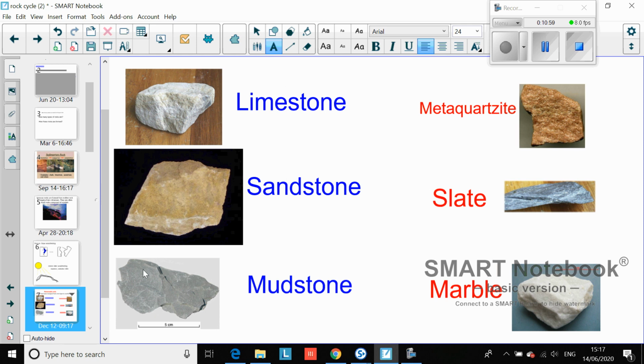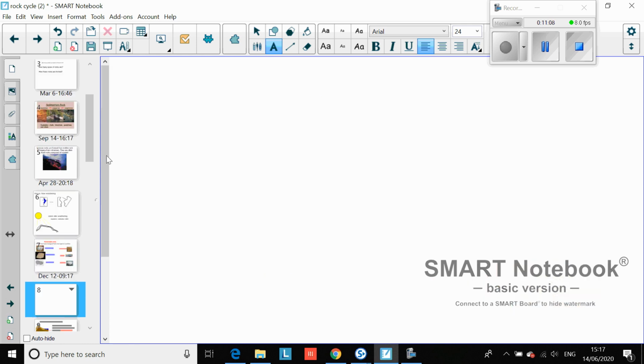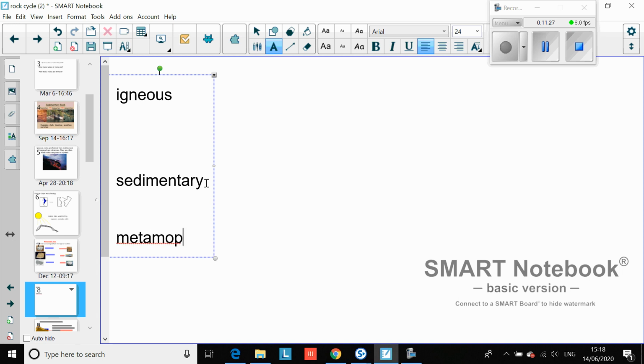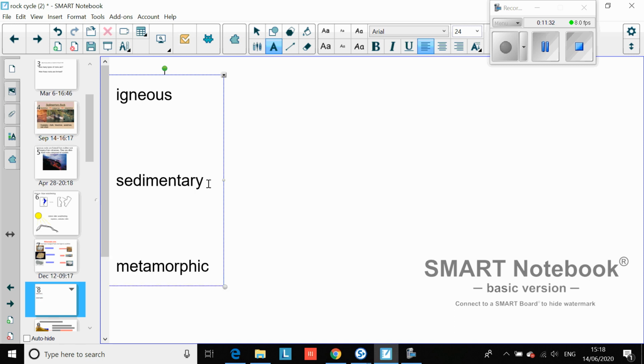Okay, so what you've got now is an understanding of how you get igneous, sedimentary, and metamorphic rocks. So what I'd like you to quickly do is pause the video and write, how do you get three kinds of rocks?